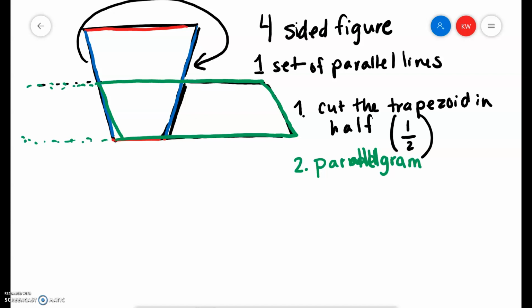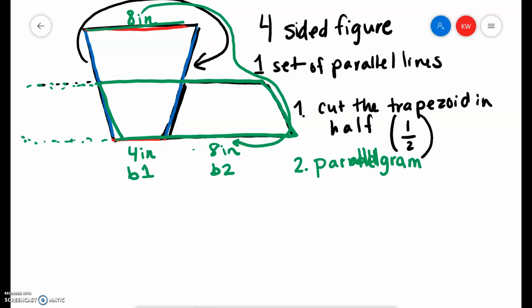The homework problem gives us 4 inches for the base up here, and it also tells us that the base on the bottom is 8 inches. When it was up here, it's not a base, but now that I've flipped it over, I brought the base down here. So we refer to this as base 1, and we have base 2, which is 8 inches.